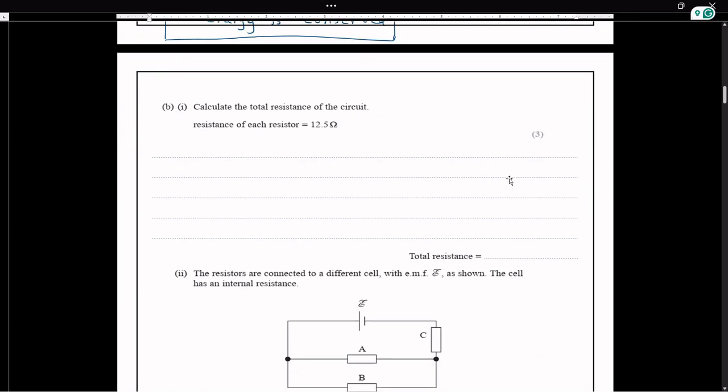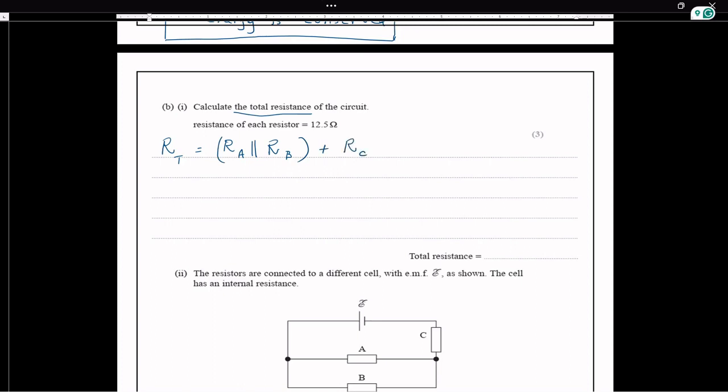Calculate the total resistance of the circuit, where the resistance of each resistor is 12.5 ohms. As we see, there is a parallel combination of two resistors A and B, and that combination is connected in series with C. So R total is the resistance of A parallel to B, to that the resistance of C is added.